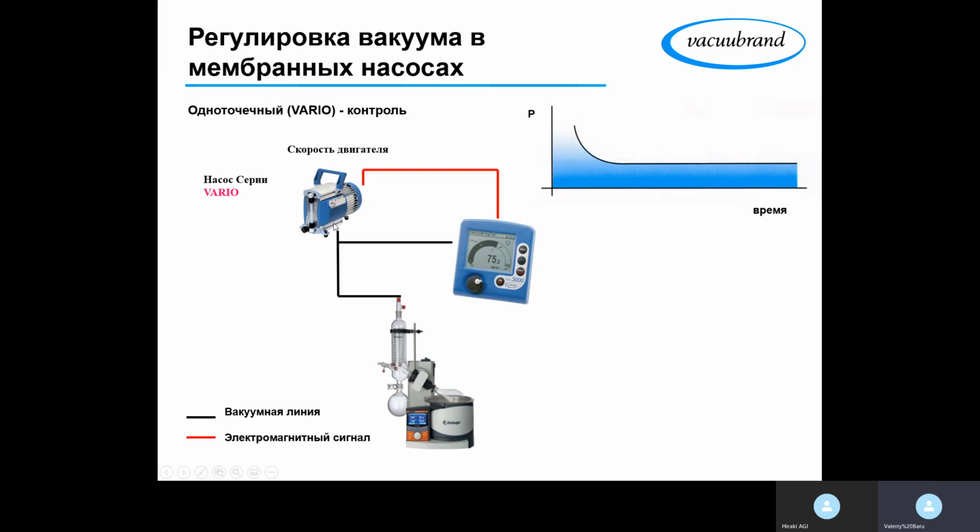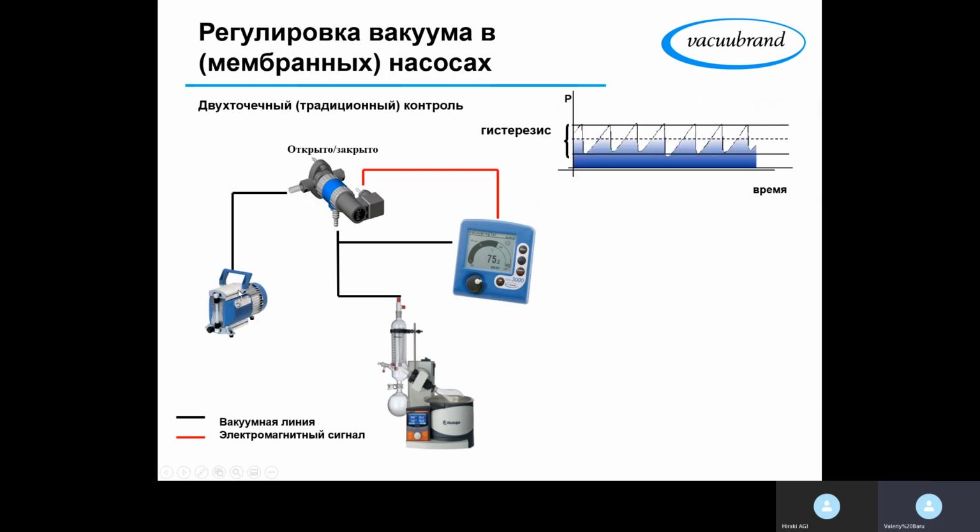And the fourth advantage is that we prolong the lifetime of the vacuum pump. Why? Because here, the vacuum pump always runs at a constant speed. It always runs.